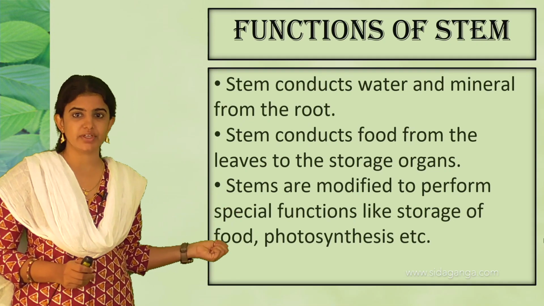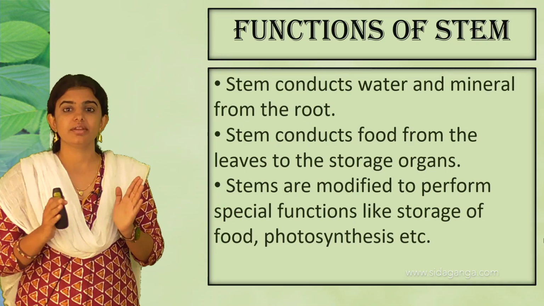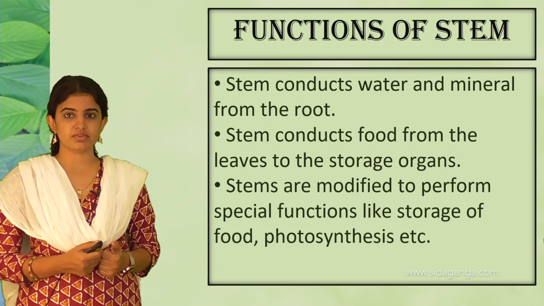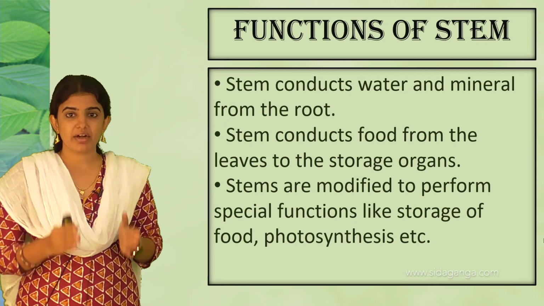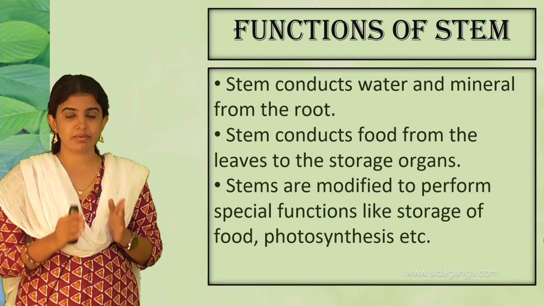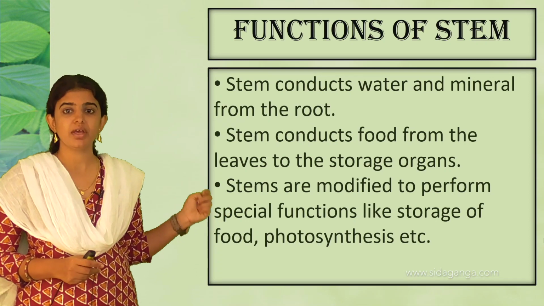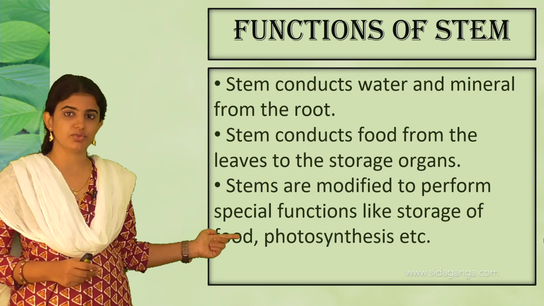It will store the food items, and besides this, the stem is also helpful for carrying out the photosynthesis process. In the part of a plant where green color is present, and in some plants which have a green stem, the photosynthesis process is carried out.